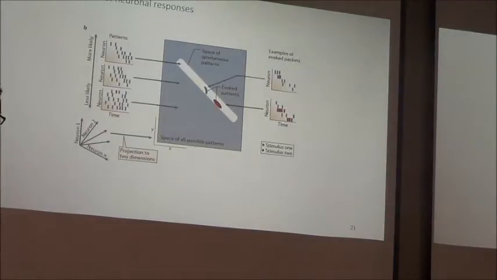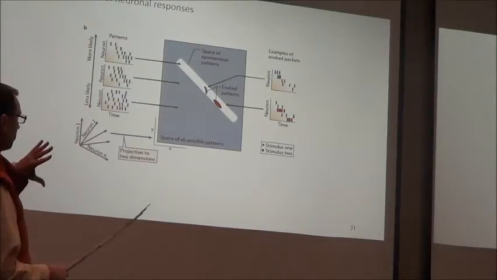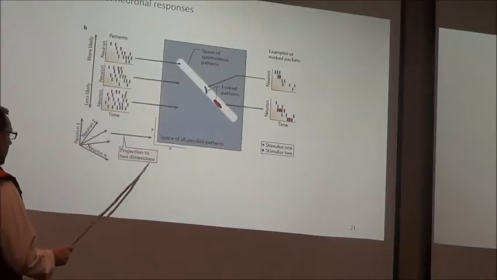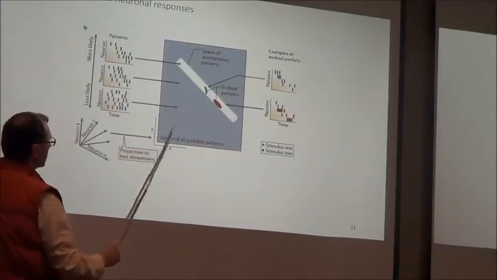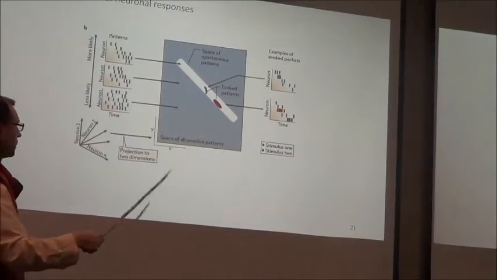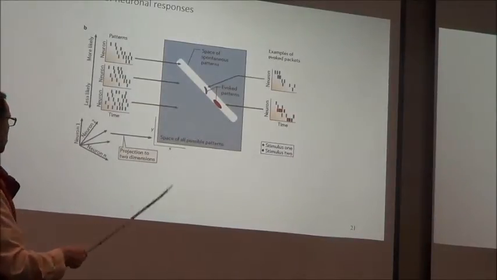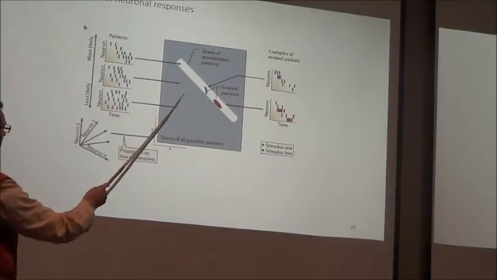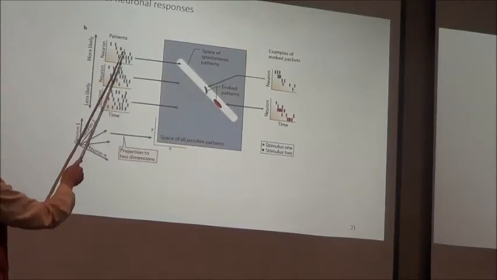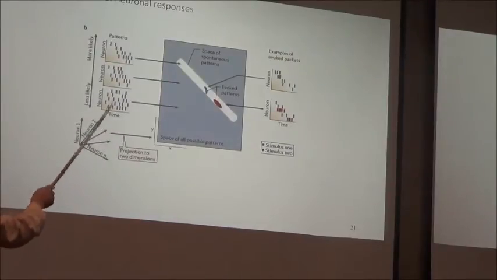So here is a summary picture, and here it is an abstract figure. Suppose this rectangle shows the space of all possible patterns. You can imagine that each point in this rectangle represents one of the possible patterns.